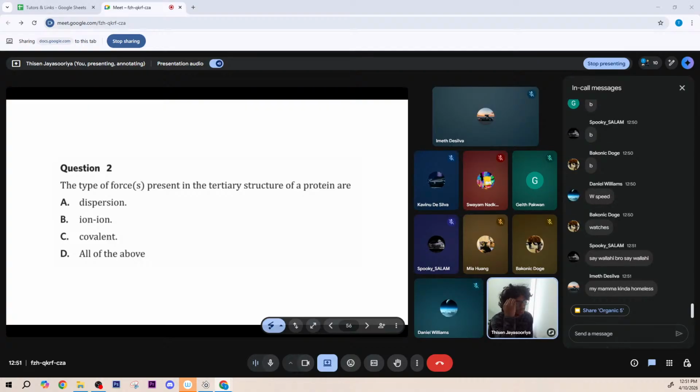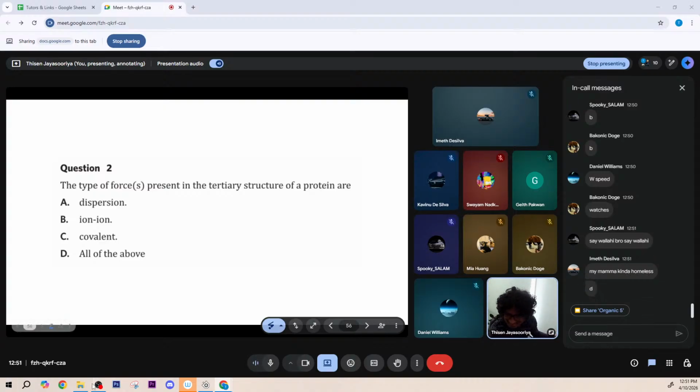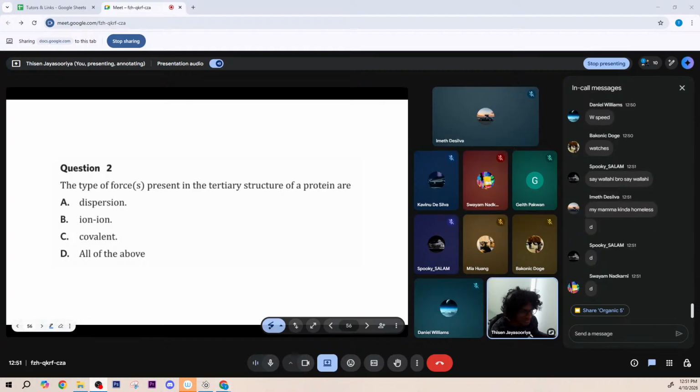Here, the types of forces present in the tertiary structure of a protein are. Which ones are present in a tertiary structure of a protein? Is it A, B, C, or D? We have a D, D, D, D. Everyone's getting so enthusiastic about this.